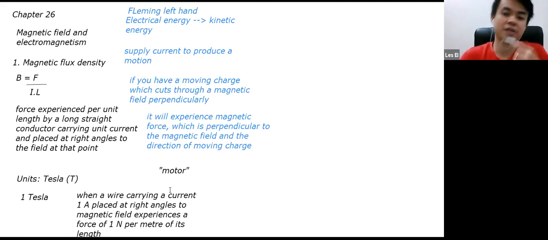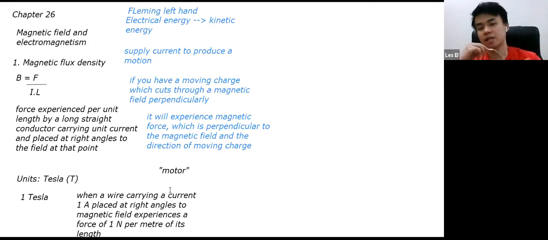You supply electric current into those devices, and you can see the blade is turning, isn't it? Inside your device, there is a magnet. Your electrical energy has moving charges, which are electrons. Your electrons are cutting through the magnetic field perpendicularly. That's why it produces a magnetic force, which then causes the blade to turn.